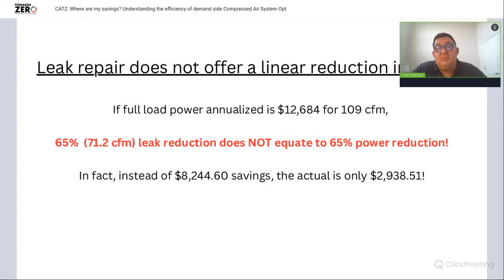My argument to you is that that is just not true. There are factors that affect the ability of that to be true. And realistically, the real number was closer to $2,938.51.